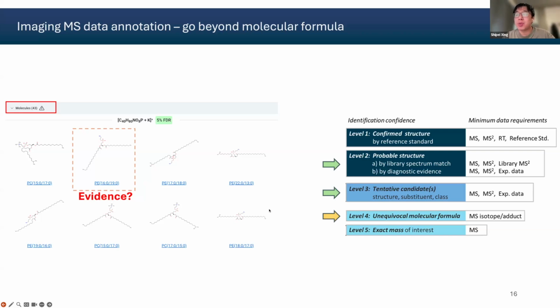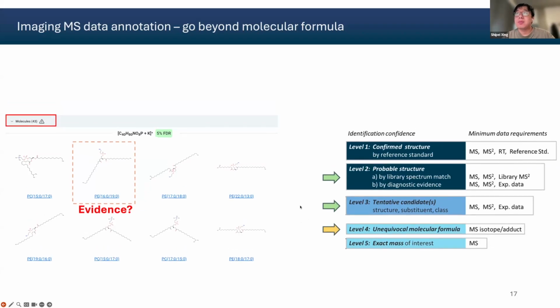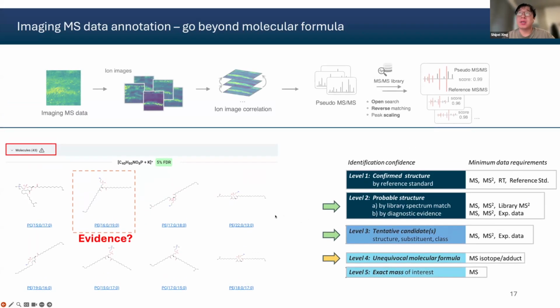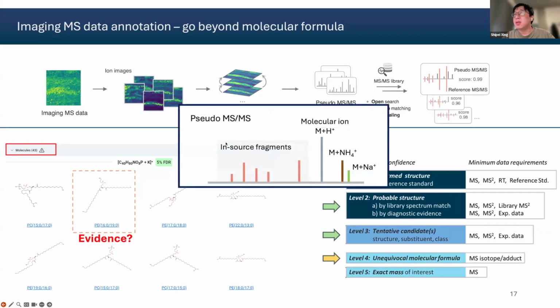So we are trying to go beyond molecular formula annotation to achieve level 2 or level 3 annotations. We're trying to give more insights into the structure. And how to do this? By leveraging the pseudo-MS2 spectra.